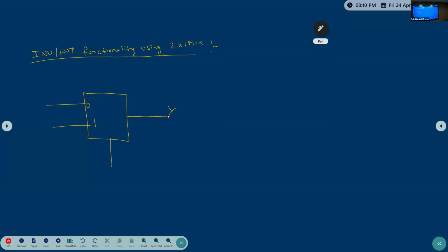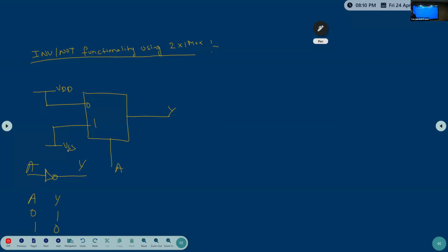So now, inverter means it will be like this, right? A will be there, output Y will be there. A is 0, Y is 1; A is 1, Y is 0. Clear? Now the selection line is A. When A is 0, Y should go to 1, which means I need to connect to VDD, so the output will charge and become 1. When A is 1, the output is 0, so I need to connect to VSS.